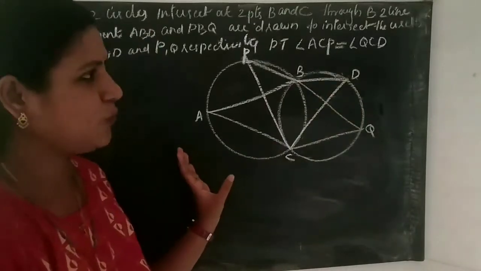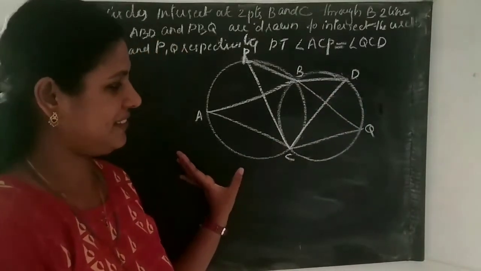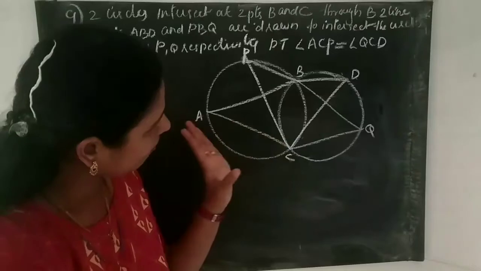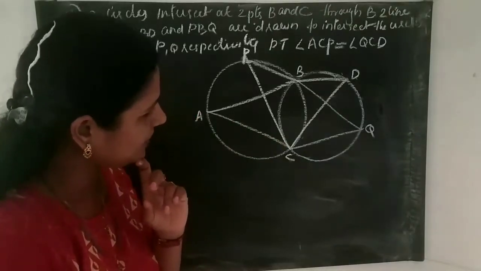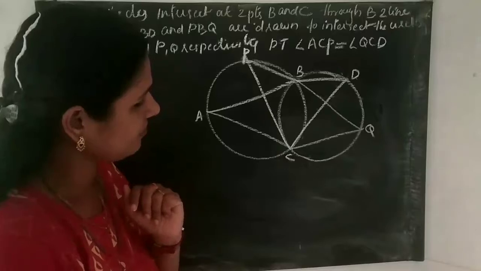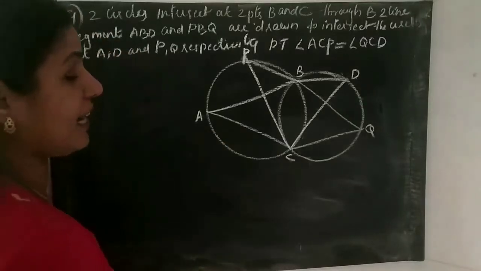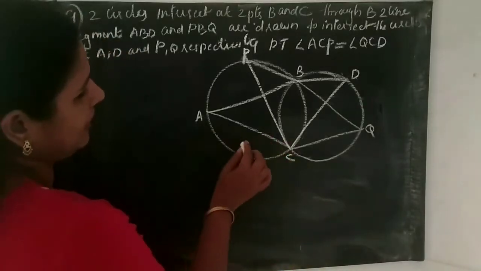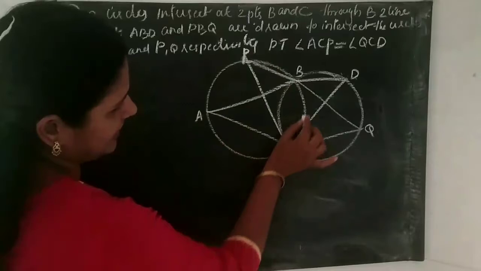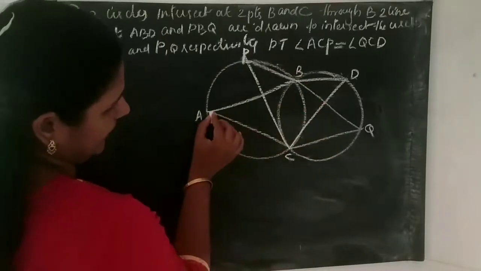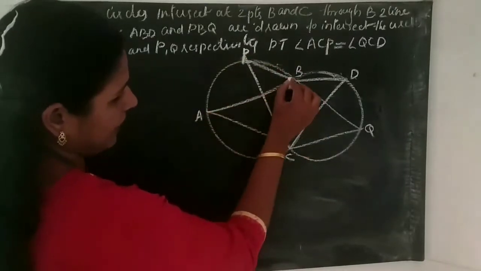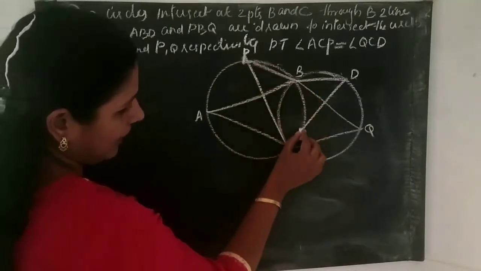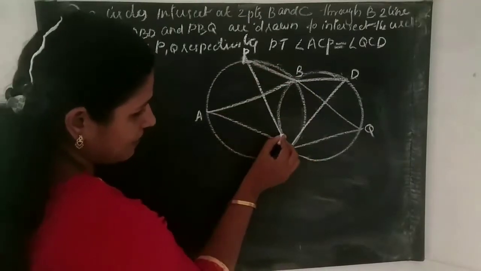So, how to prove this? See, it's a very big figure, but just watch this. You can find our answer very simply. Here, considering this circle, ACP and ABP are angles in the same segment.